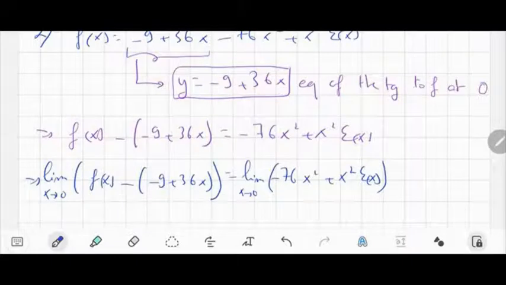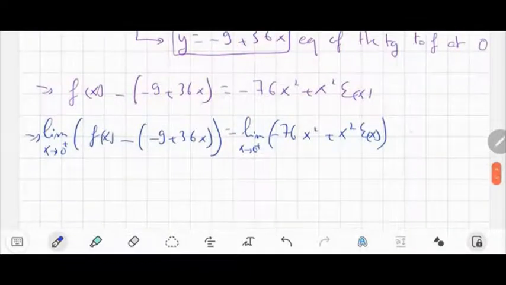Now if it goes to 0 plus, it will go here to 0 plus, which is something negative because of the minus 76 in here, so it's equal to 0 minus, it's negative.